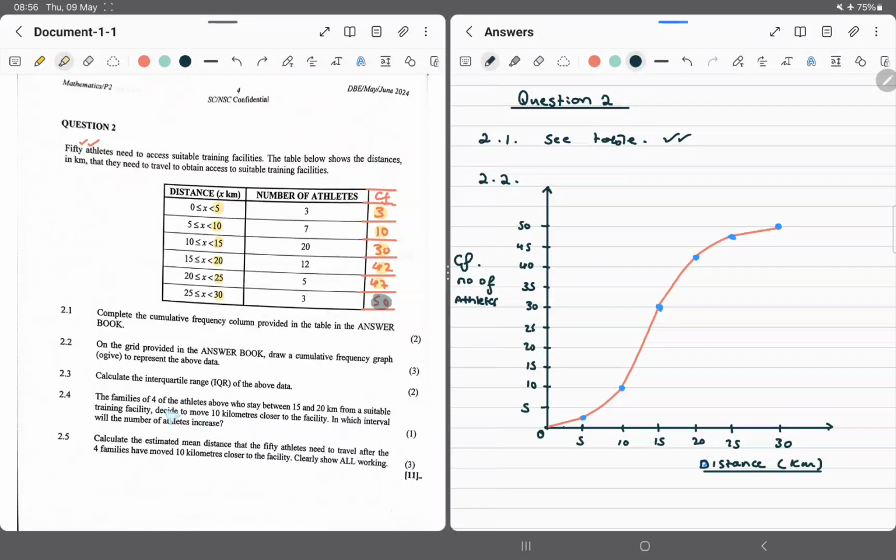So that's the story. Now it says calculate the interquartile range of the above data. Okay, so we need to find the half. We know that half of 50 is 25, right? So from 25 we just go to the graph, and as we intersect the graph we go straight down.